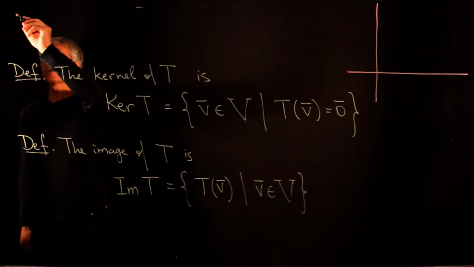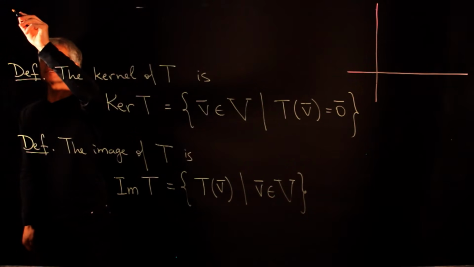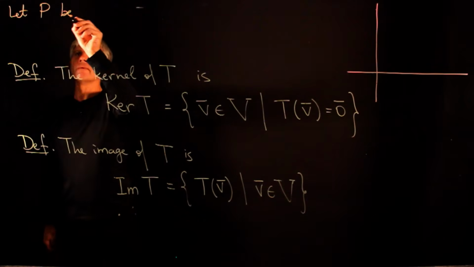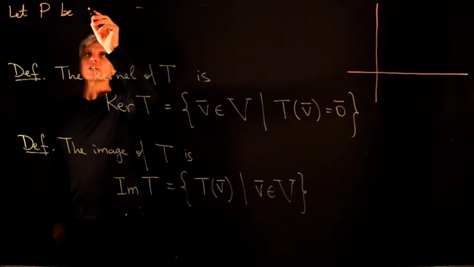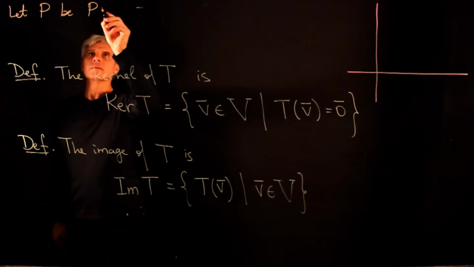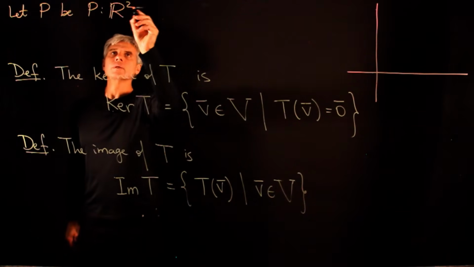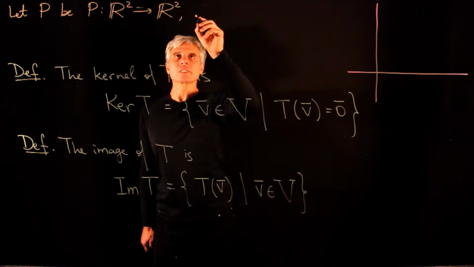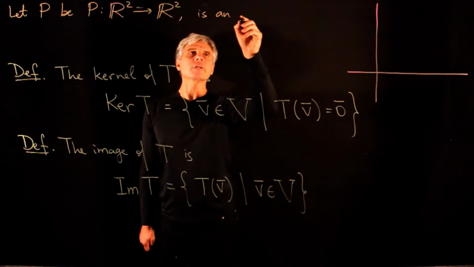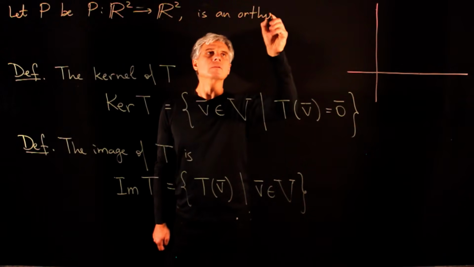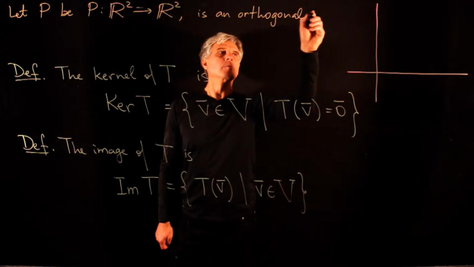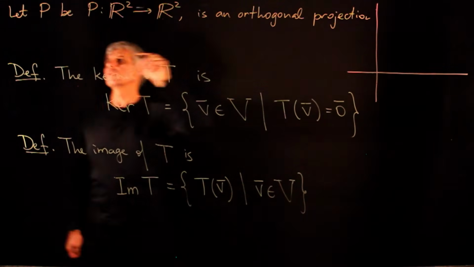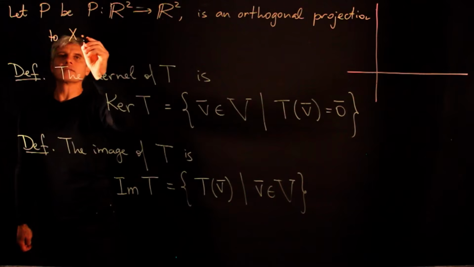So the first example is, let's consider, let P be a transformation from R2 to R2, which is an orthogonal projection to the x-axis.